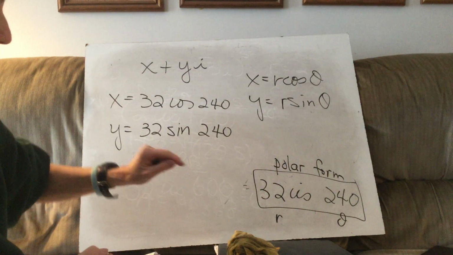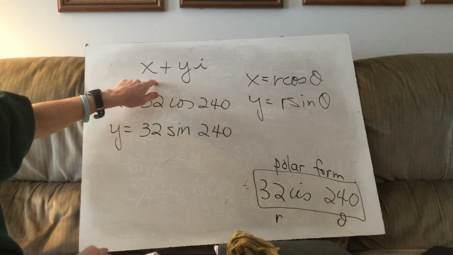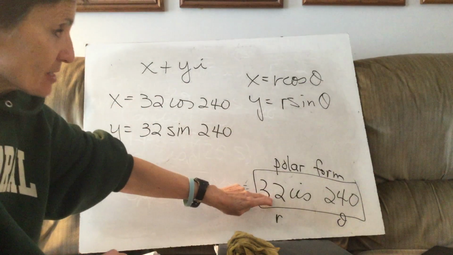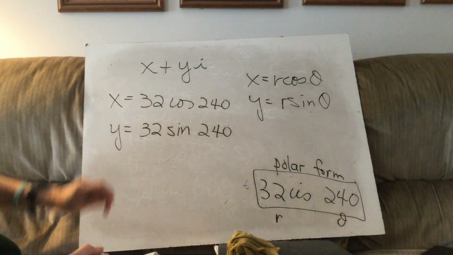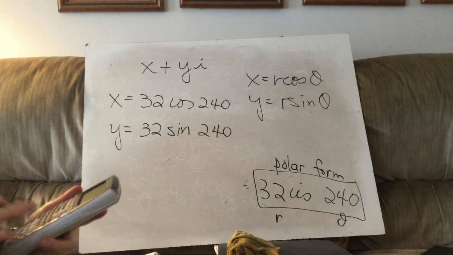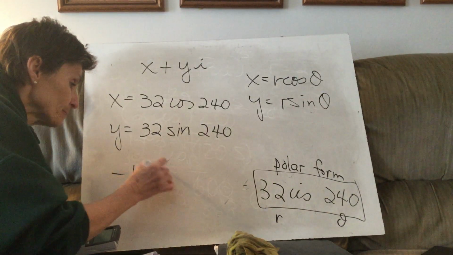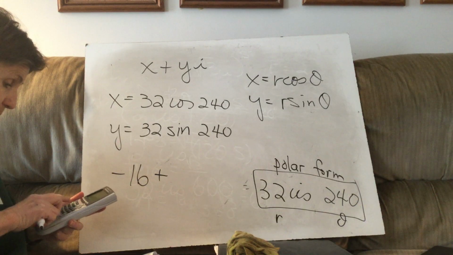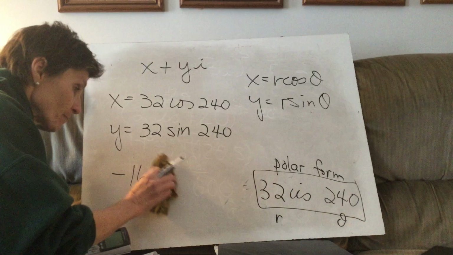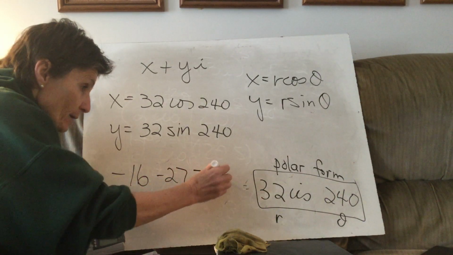All we're doing is rewriting the answer that we got in a different form. We're using our conversion equations to take this R and theta and get it in X and Y form. So 32 cosine 240 is negative 16, and 32 sine 240 is negative 27.71i.